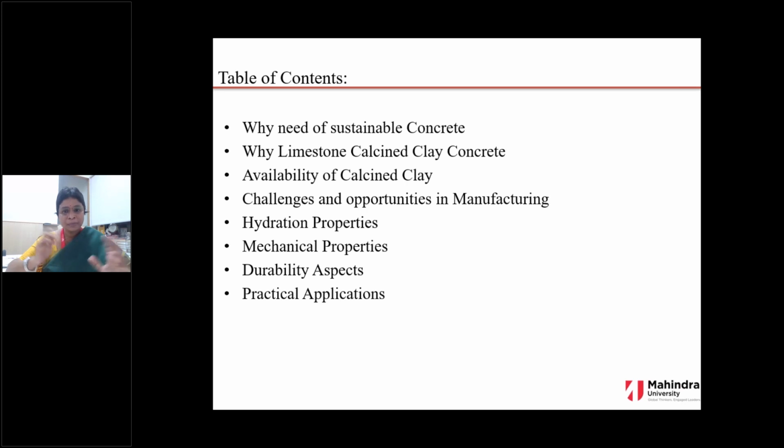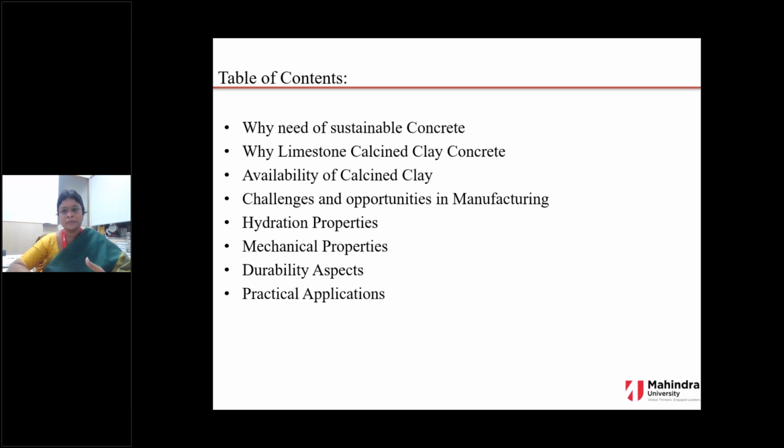Then the availability of calcined clay, which is of prime importance for becoming a sustainable alternative concrete. And what are the challenges, if at all we are proposing a new concrete? What are the challenges and the opportunities in manufacturing the same?